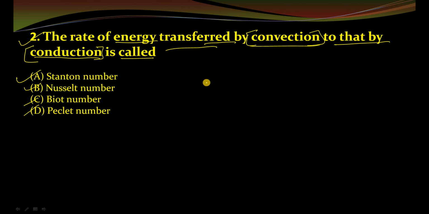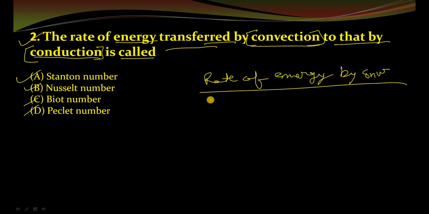So listen, the energy transferred by convection to conduction. Suppose I am just writing here: rate of energy by convection divided by rate of energy by conduction. I am simply writing the formulas.